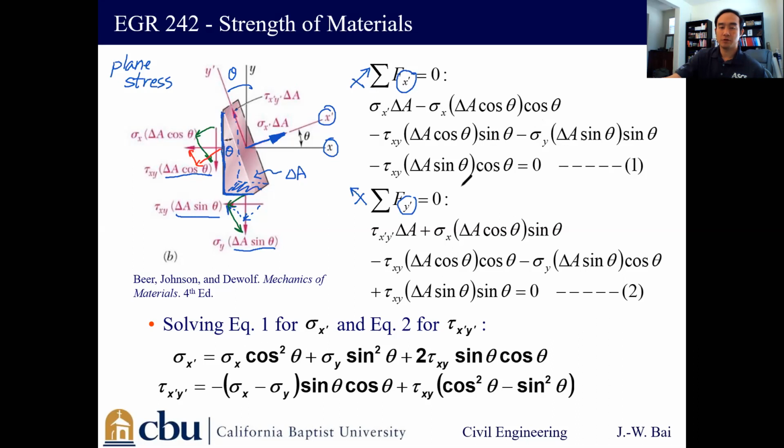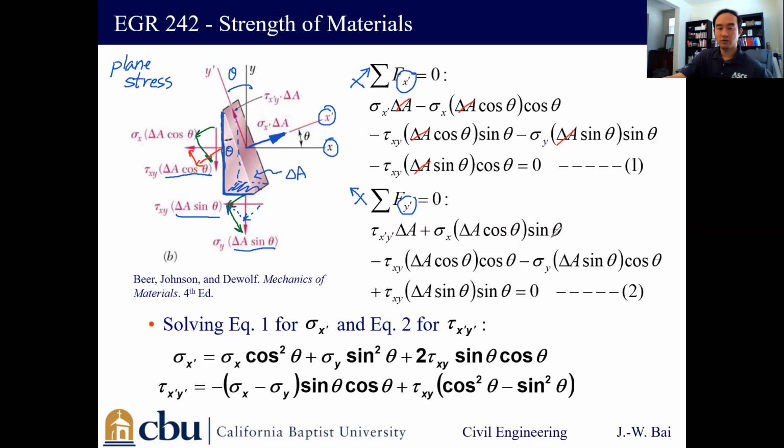And the sum of all the forces along the x prime axis should be equal to 0, and same thing for the y prime axis. Then we solve this first equation for sigma x prime by dividing by delta A for everything, because every term has a delta A. Solving for sigma x prime, you'll get this equation.